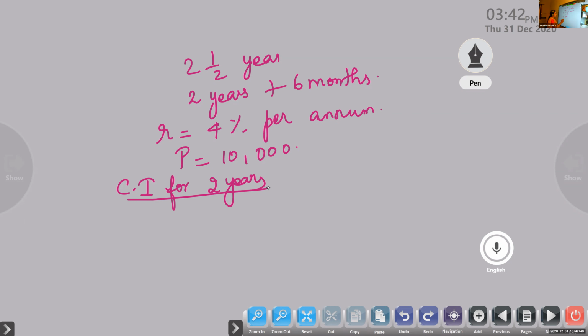So what is the formula here? Amount is equal to P into 1 plus R by 100, the whole square. For 2 years, it is the whole square.